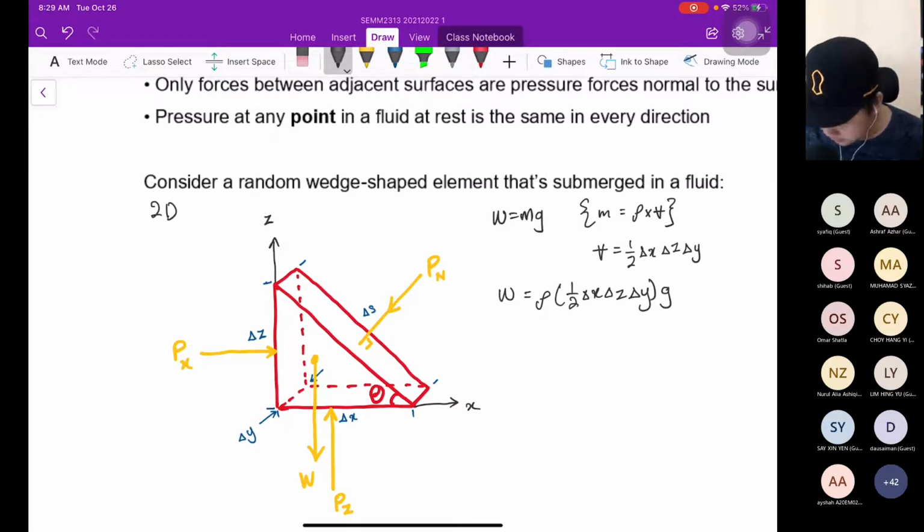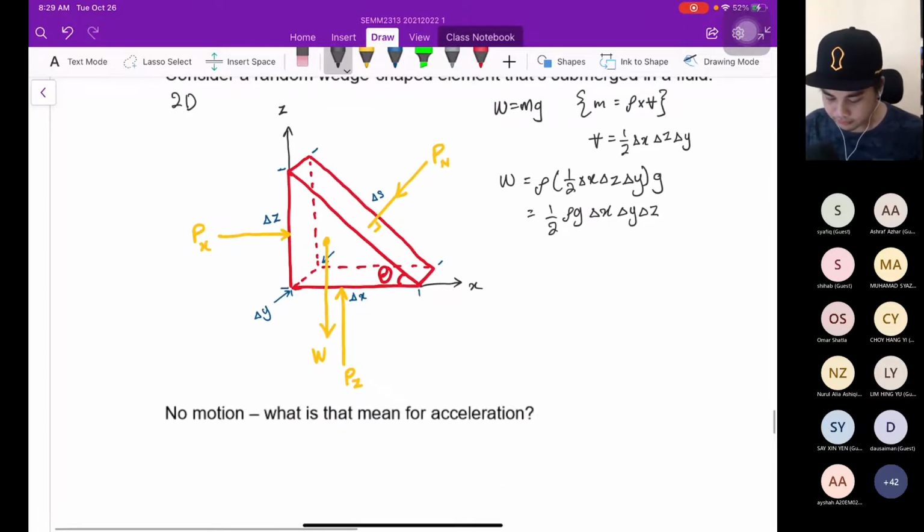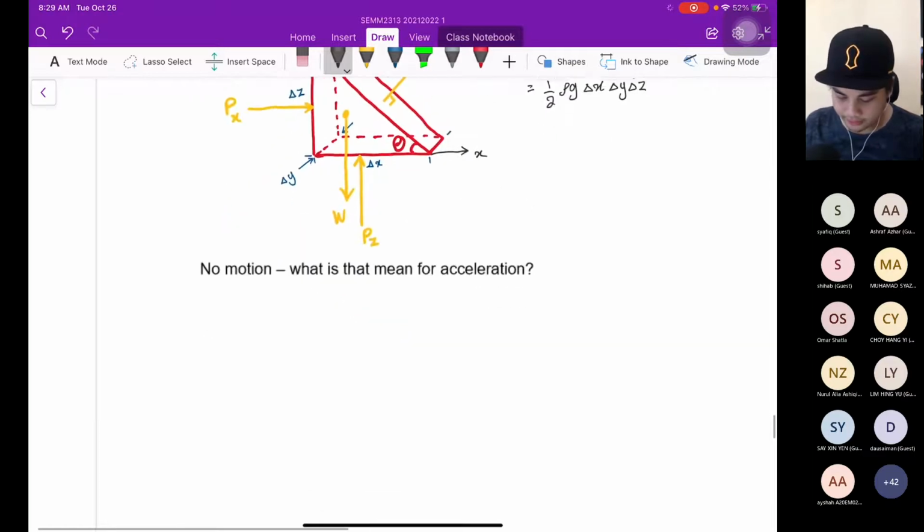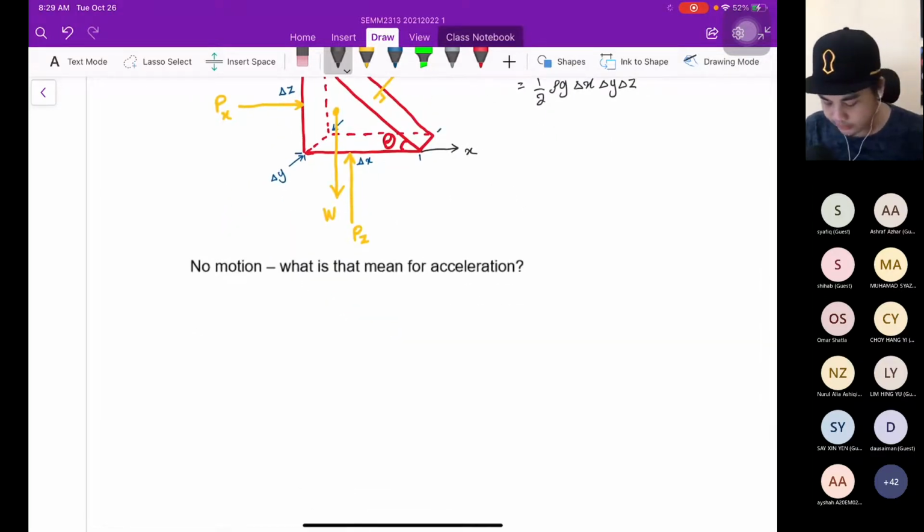We simplify: half rho g, delta X, delta Y, delta Z. Okay, that's it. After that, no motion, that means no acceleration. So we can say here, summation of force, whatever direction X or Y, equals 0.